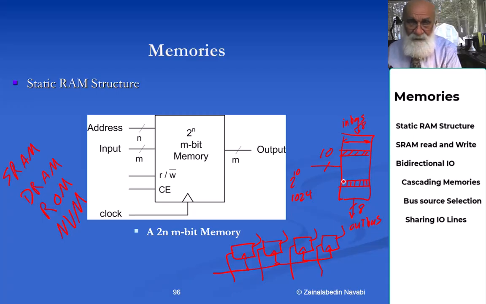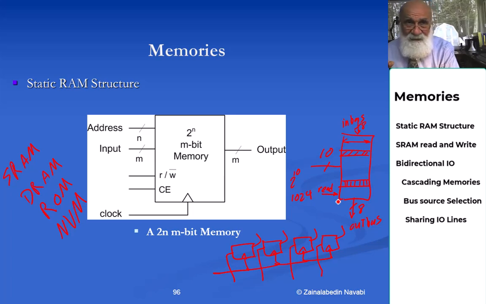Okay, reading can be done by issuing a signal to the memory for read, and writing can be done by issuing a signal, putting a 1 on an input, which is a write.